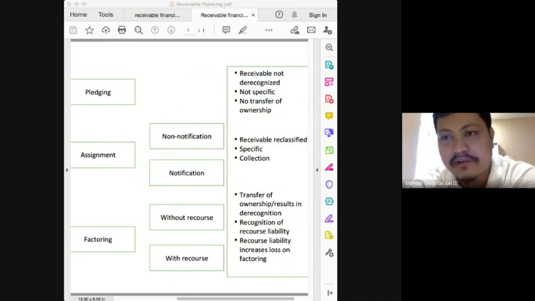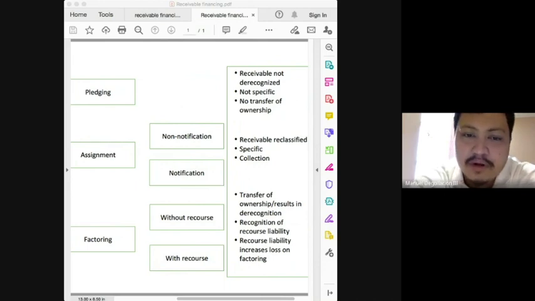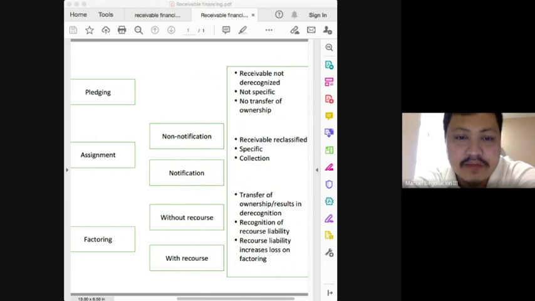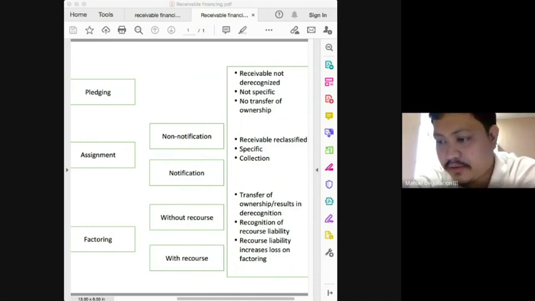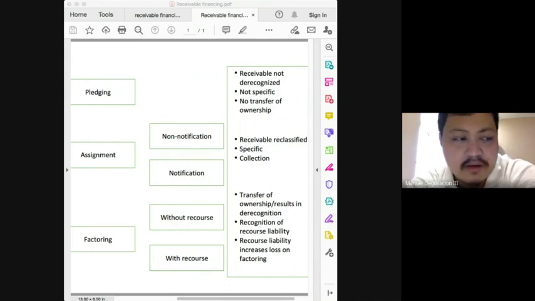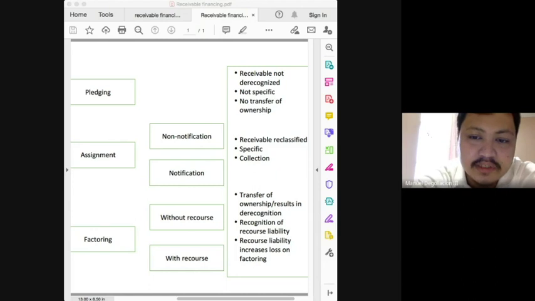If they acquired a receivable for 2 million, and they only paid 1,500,000, and they were able to collect the entire 2 million, then the extra 500,000 they were able to get would be a profit on their part. So that is their incentive. That is the reason why some entities would engage in such business.